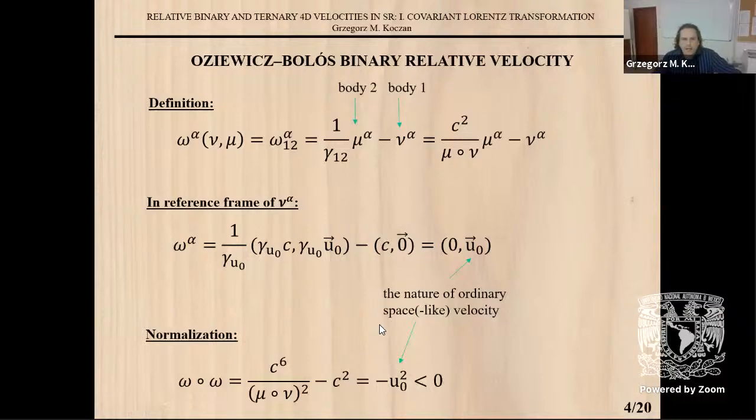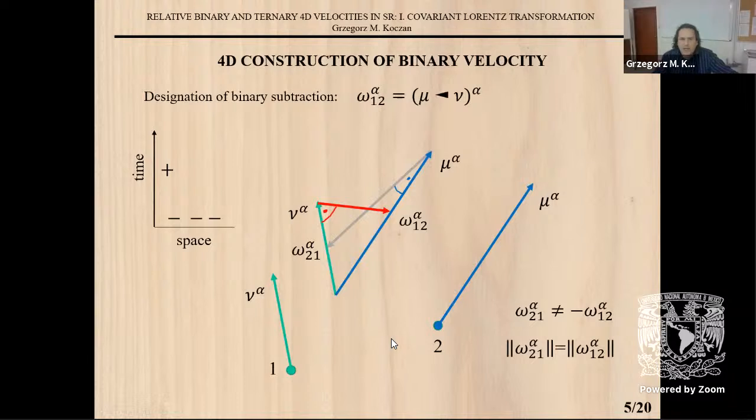That's why binary relative velocity is the one in the sense of normal space-like velocity. The geometrical construction of binary velocity is done here. For example, for the relative velocity of the blue vector with respect to the green vector, we need to construct an orthogonal line to the green vector.